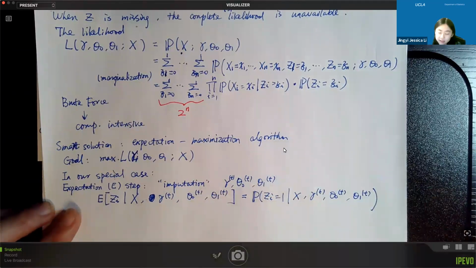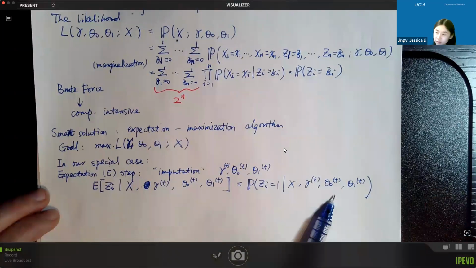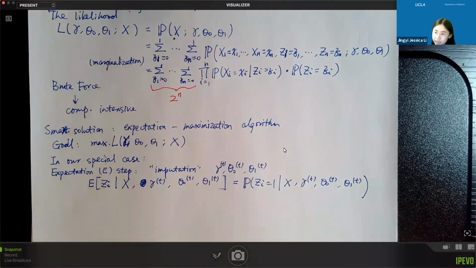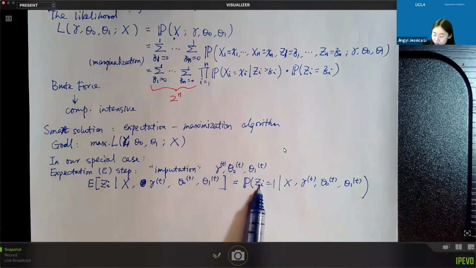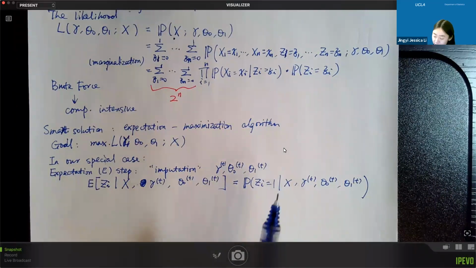That's what we need. To compute this, again, we're going to use the Bayes formula. Bayes formula is always the easy way for us to swap what's before the conditioning and what's after the conditioning. What's after the conditioning and random is the xi, and what's before the conditioning and random is Zi.